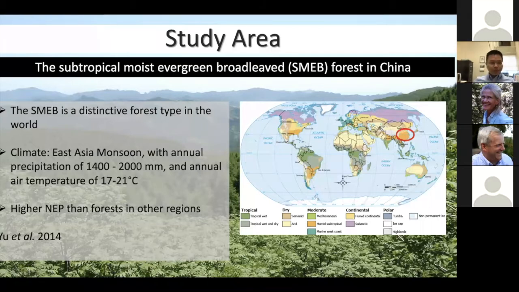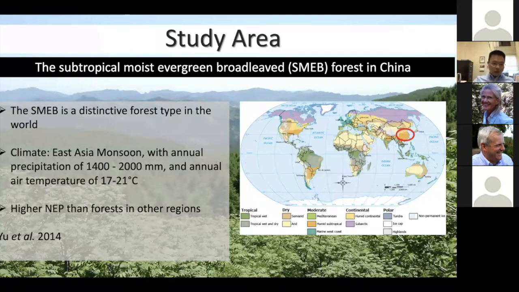Yang plantation. And the subtropical moist evergreen broadleaf forest in China is a distinctive forest type in the world. The landscape and the climate differ from other sites at the same latitude in the world, because of the prevalence of the East Asian monsoon and the uplift of the Tibetan plateau.